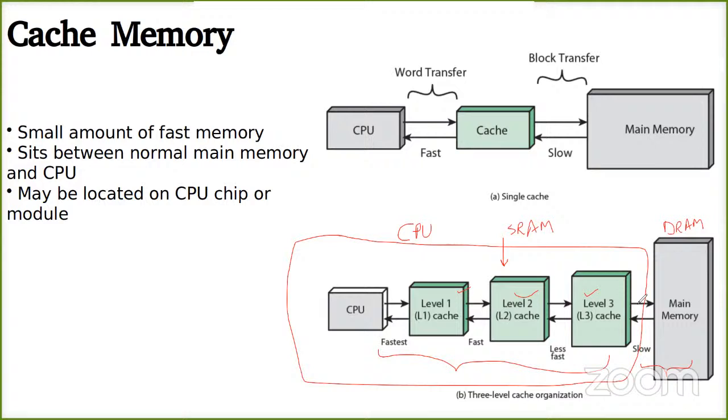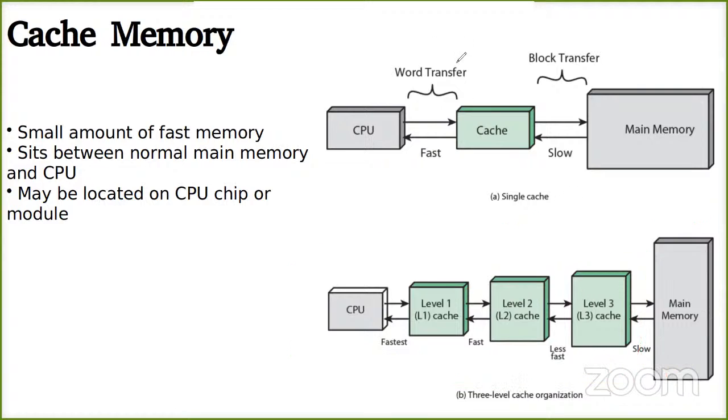If it is not there, it will check the RAM. If it is not there either, it will go to the main hard disk to get the data into memory. That is how the sequence is.